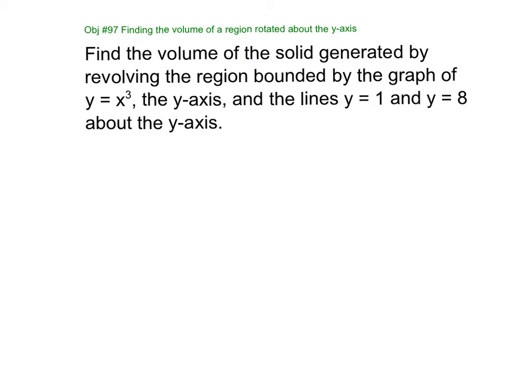All right, find the volume of the solid generated by revolving the region bounded by the graph of x cubed, the y-axis, and the lines y equals 1 and y equals 8. All right, so there's my graph. That's x cubed. Y equals 1 is here.